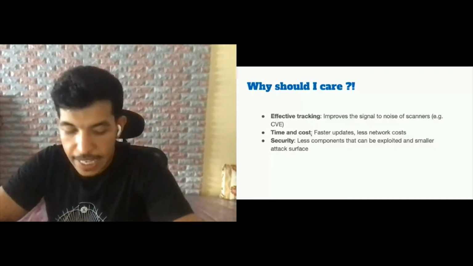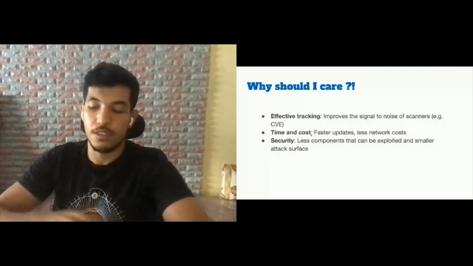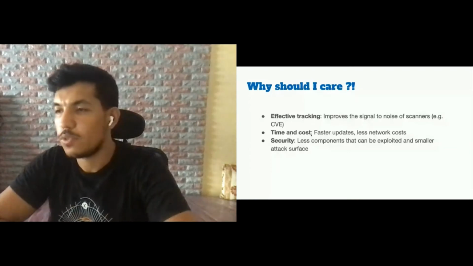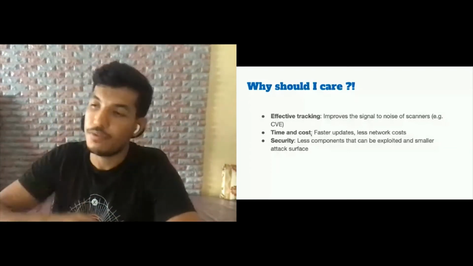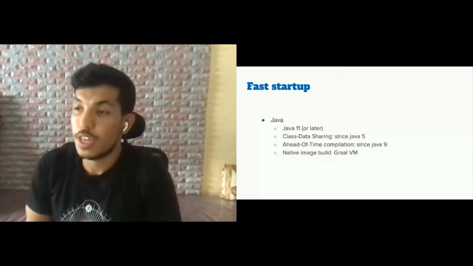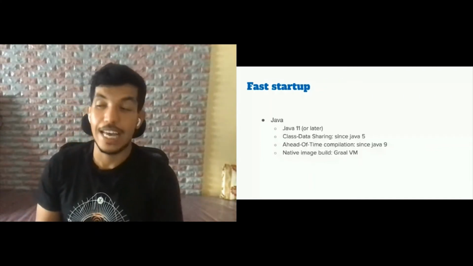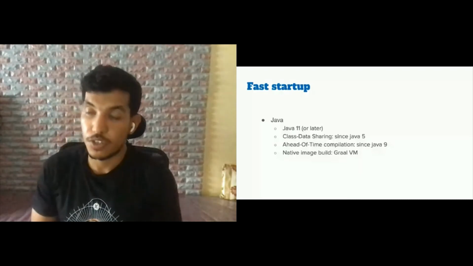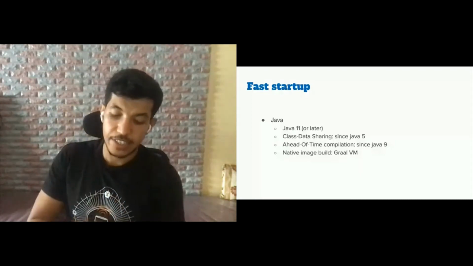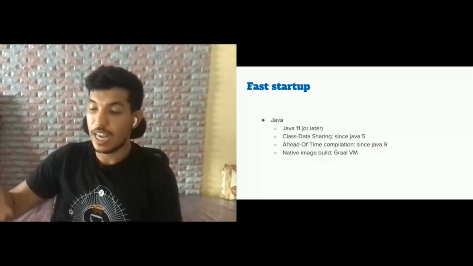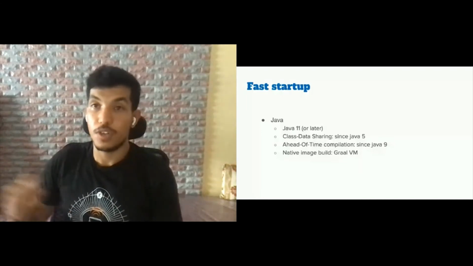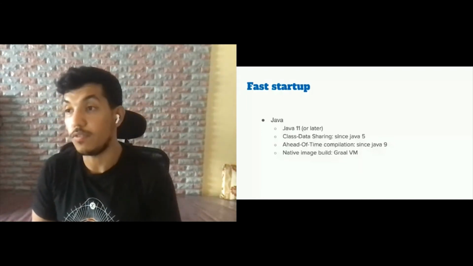The third thing I want from my production container is a small, fast startup. For that, there are a couple of features we can use on the Java side, starting with using the latest version of Java, especially an LTS version like Java 11, because with each version the Java community has improved the startup time of the JVM.